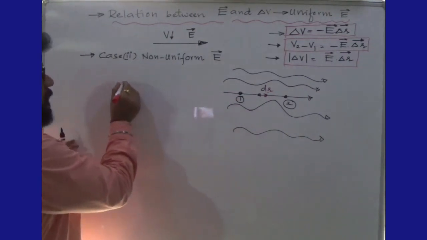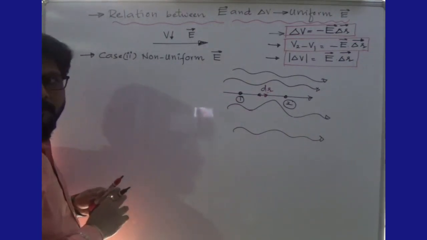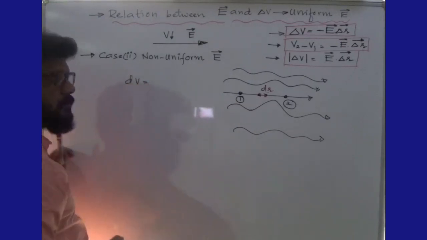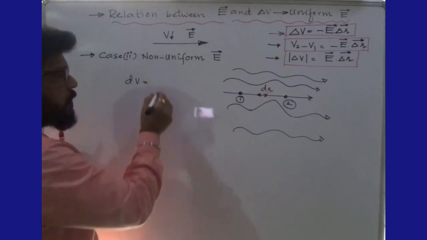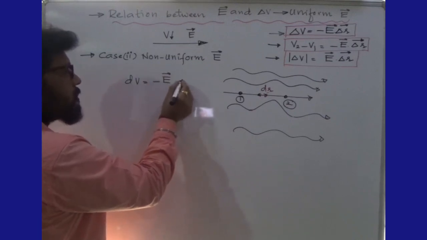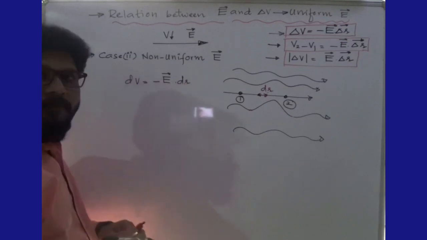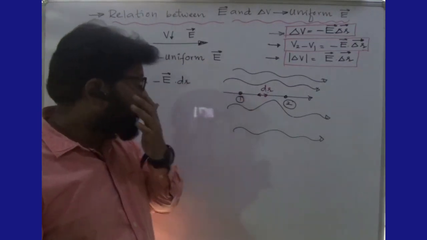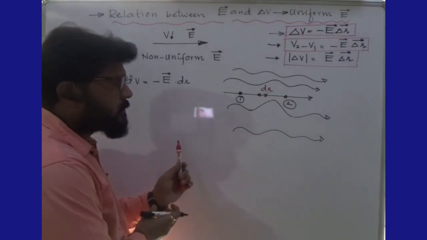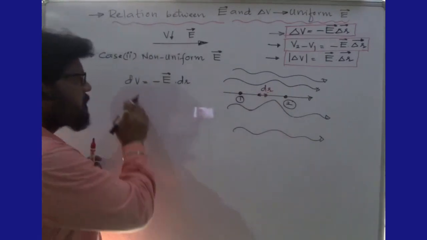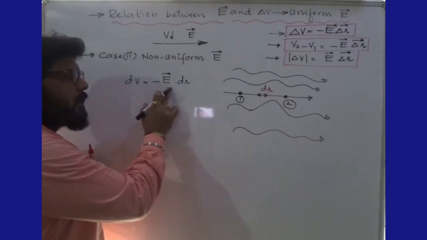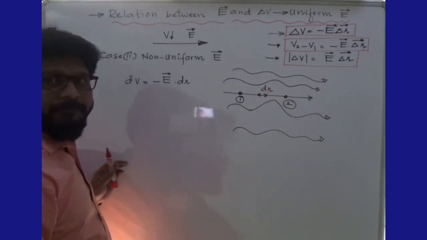I'll write now dV is the potential difference, which is nothing but minus E into dr, simply, right? If I want the potential for this small distance dr, I can write the small potential dV is equal to minus E into dr. Fine.